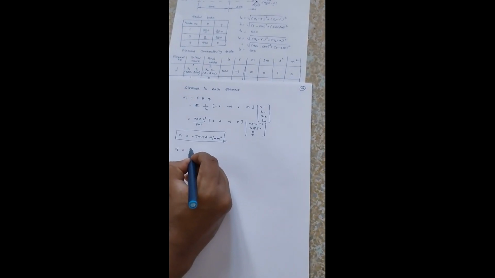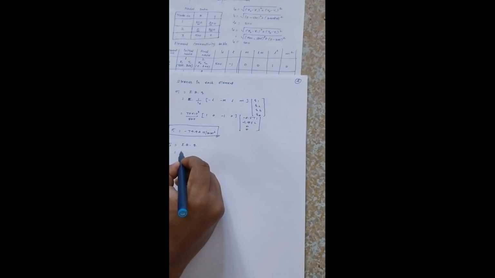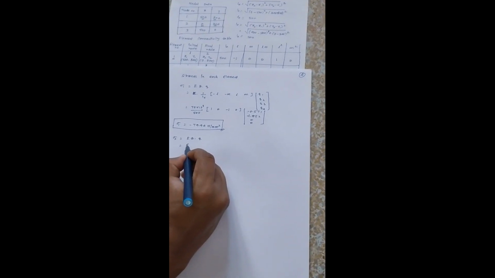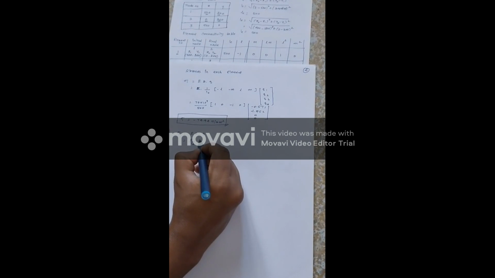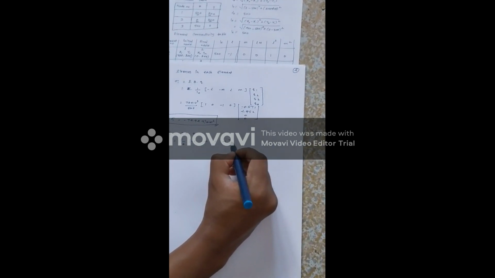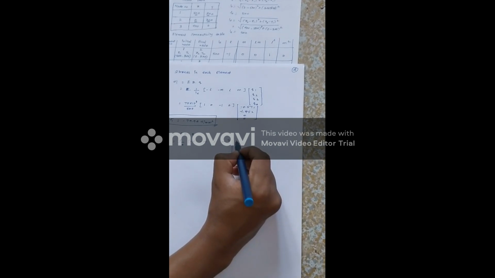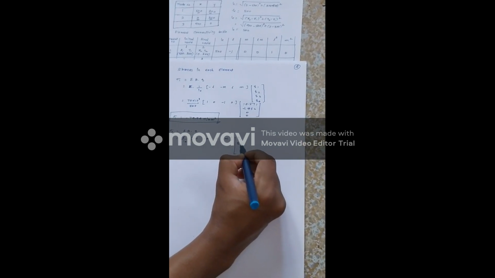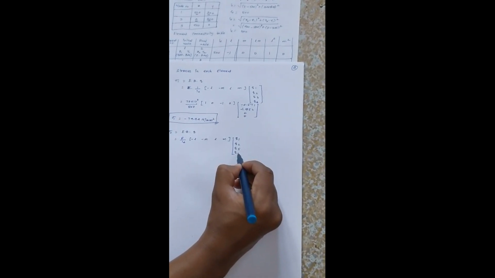Similarly, the stress for element 2 will be taken as E into B into Q. So E by LE times minus L, minus M, plus L, plus M. So now for element 2 it will be Q1, Q2, Q5, Q6, because element 2 is made up of node 1 and node 3.